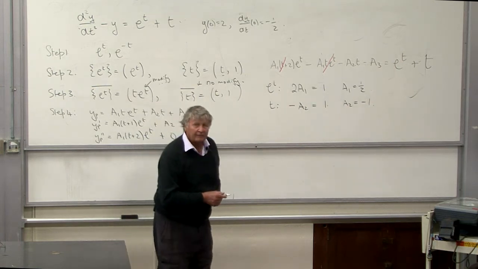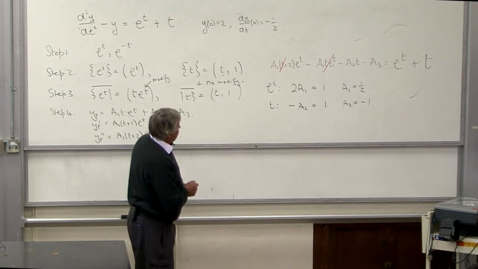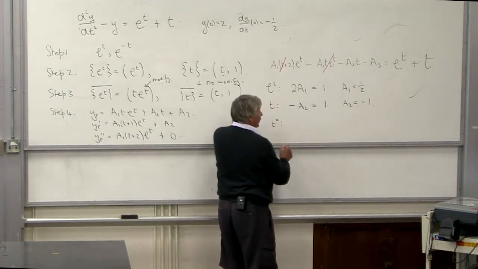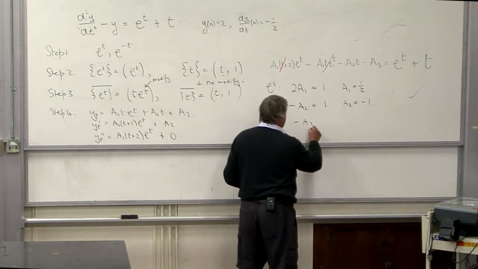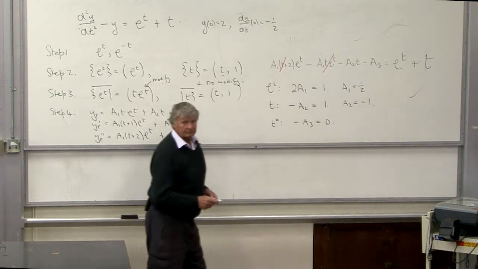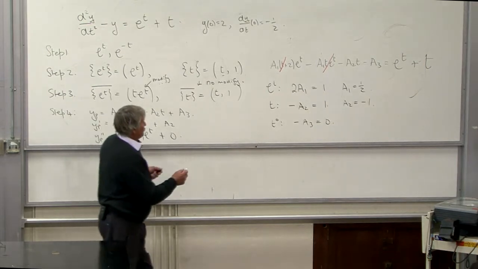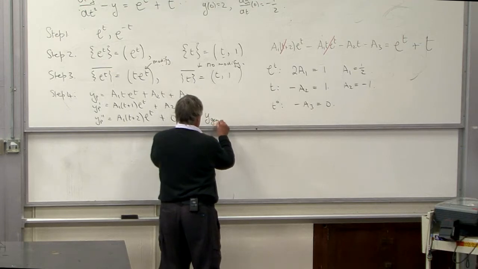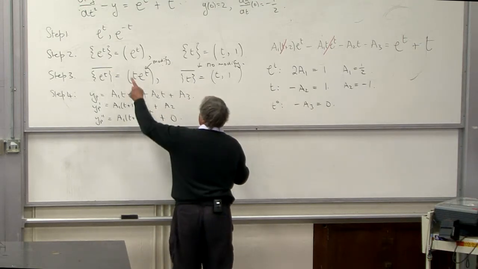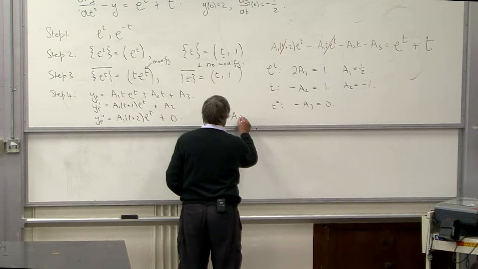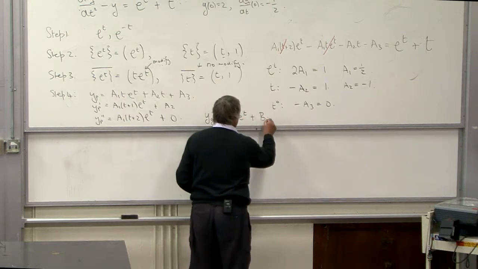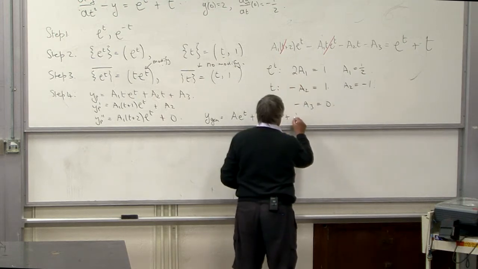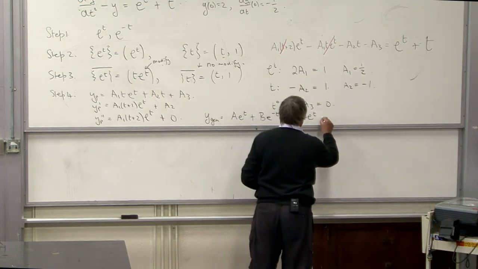Sorry? What about a3? a3 is t to the 0, multiplies 1, so I get minus a3 equals 0. So then my solution y general will be the solution of the homogeneous equation, a e to the t plus b e to the minus t, and then I have plus a half t e to the t minus t.